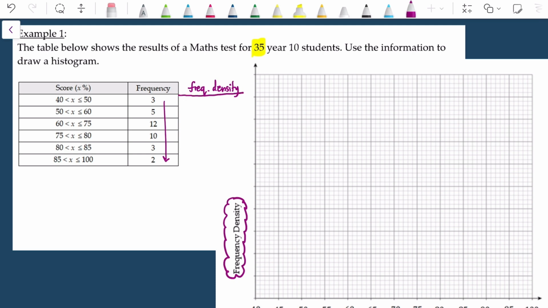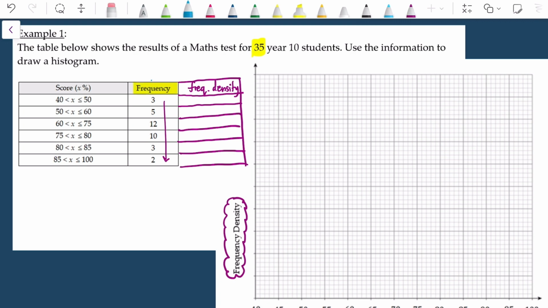So I'm going to set up an additional column here. Remember, the frequency density is the frequency divided by the width of each interval. You can write out this formula: frequency density is equal to frequency divided by width, just to remember that.